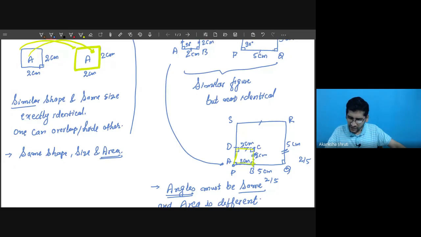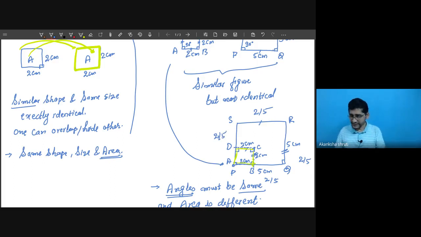Again, over this RS or SR, it is the DC, so DC by SR, again it will remain as 2, and this bigger one is 5. Over this PS, it is our AD by PS, so the length is 2 by 5.